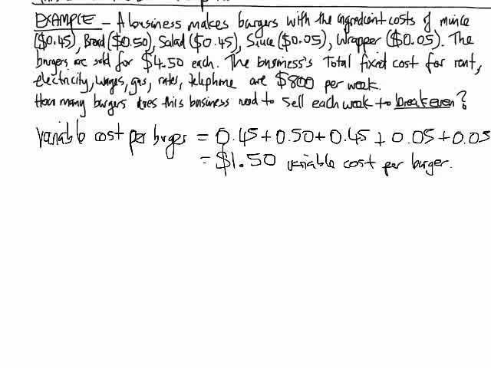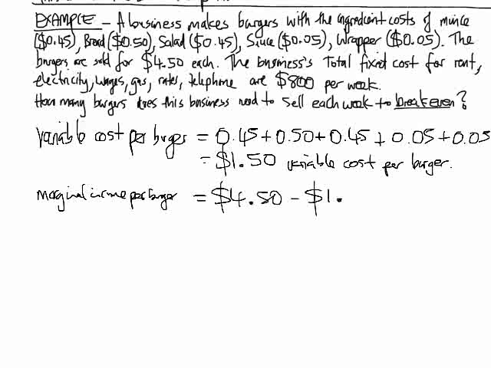So we have done the variable cost per burger. So we need to work out the marginal income per burger. Marginal income per burger is going to be the selling price. How much did they say they were selling it for? $4.50, minus the variable cost per burger, which is $1.50. Where am I getting the formula for that?